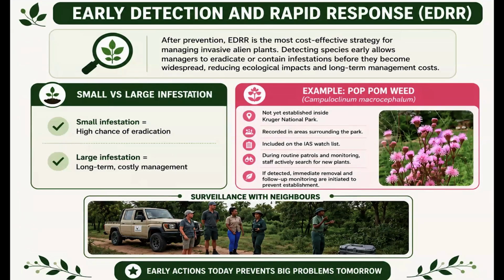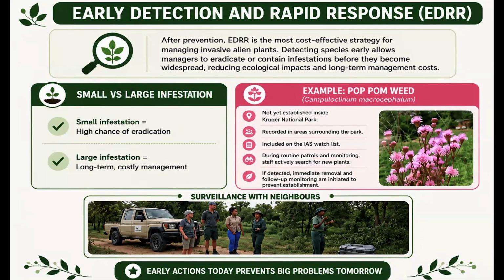Sometimes it's not possible to prevent species from entering a protected area. Then what you need to do is implement early detection and rapid response, which is the most cost-effective strategy for managing invasive alien plants after prevention. You want to try and control a population while it's still small, because once it becomes large, it becomes costly to control.